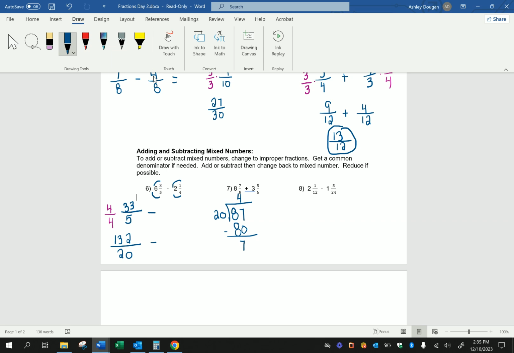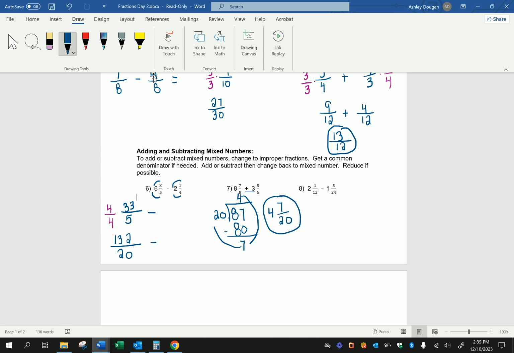And we want to take these values and put them in mixed number form. So I start with 4. It went 4 whole times, so 4 is my whole number, and 7 over 20. 7 is my numerator, 20 is my denominator. 7 over 20 is not going to reduce, so this would be my final answer.